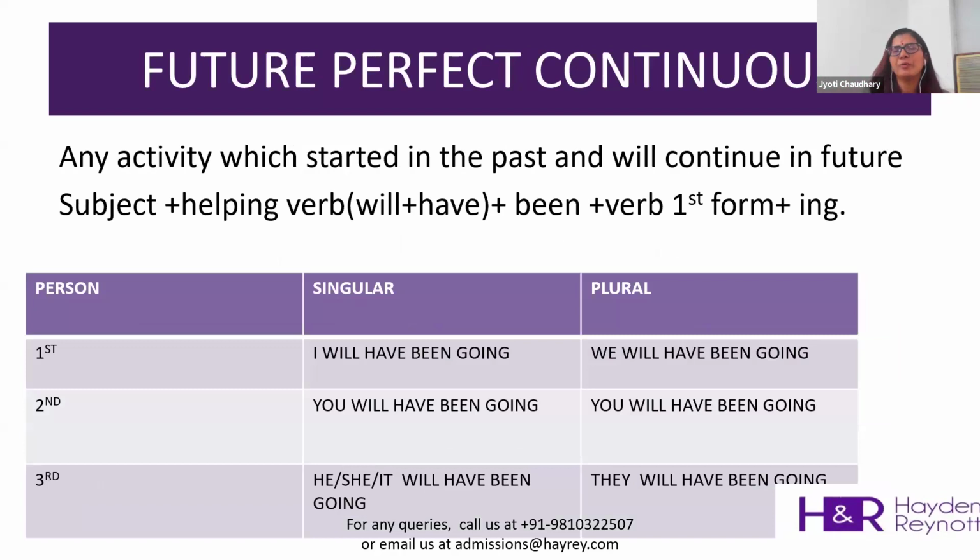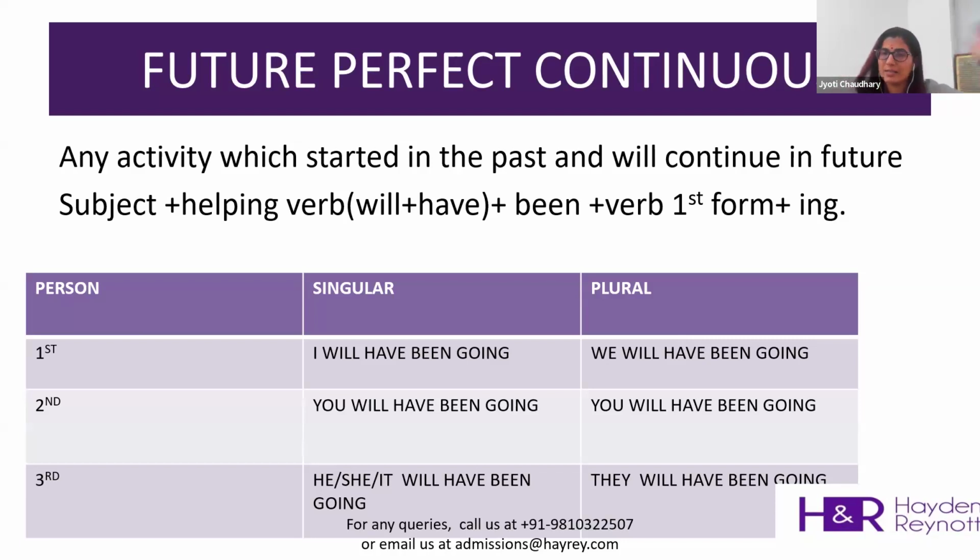Then we have future perfect continuous, the rarest tense that we can use, because it is very rare that any action was started in the past, is still being done in the present, and will be done in the future. I think this applies only to a profession. Like I can say, I will have been teaching for 15 years in 2025.